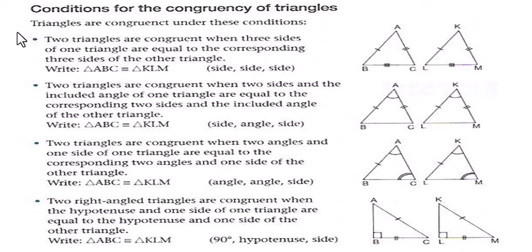So two triangles are congruent when the three sides of the triangle are equal to the corresponding three sides of the other triangle. For example, in this triangle, you see that these sides are equal.